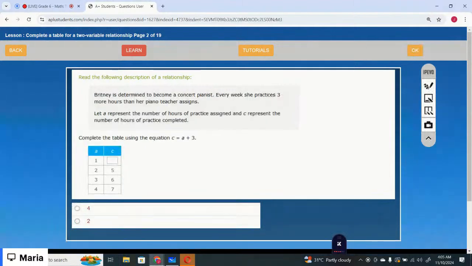Okay, complete the table using the equation c equals a plus 3.